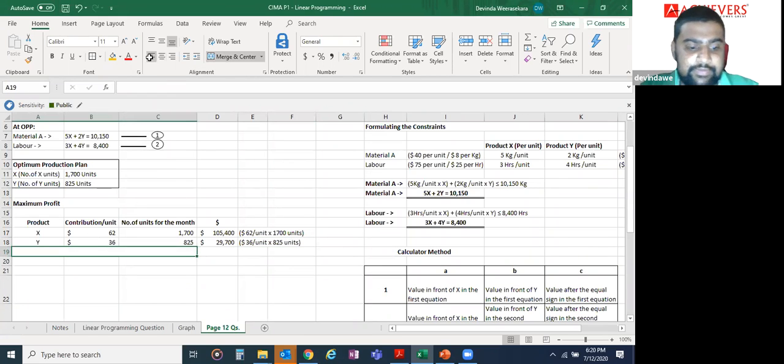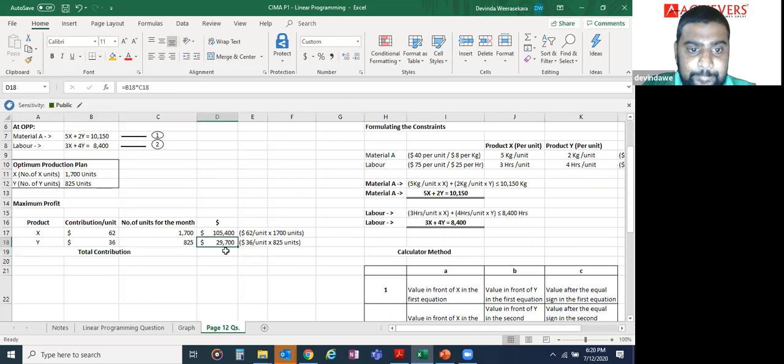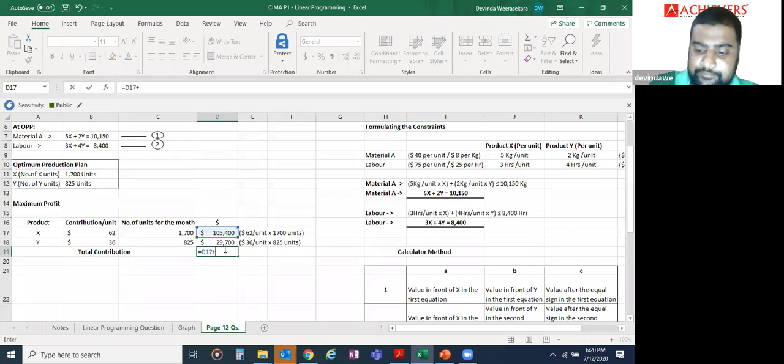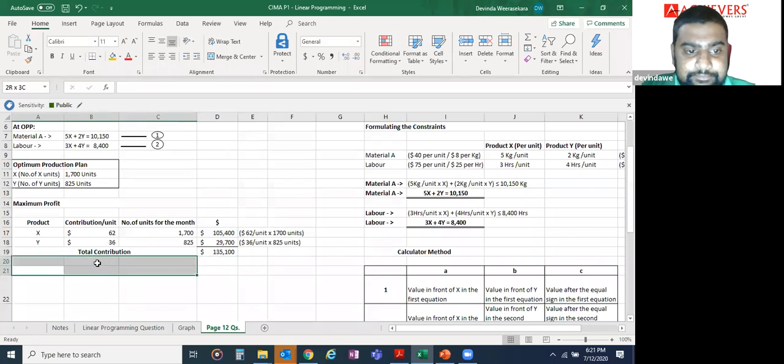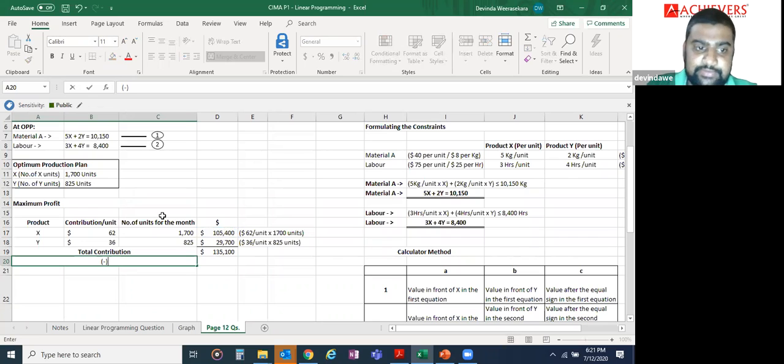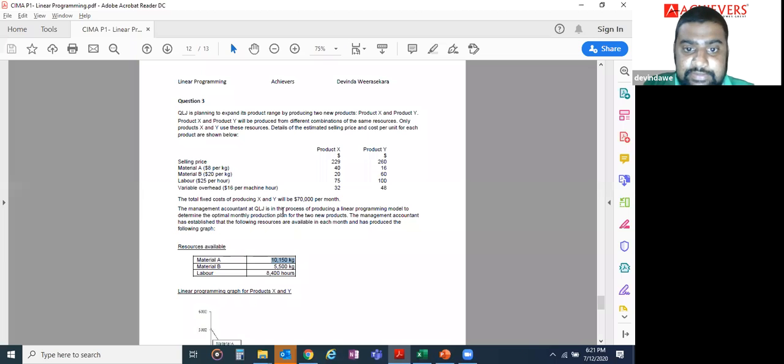So total contribution. From this, we need to minus the total fixed cost, which is 70,000.